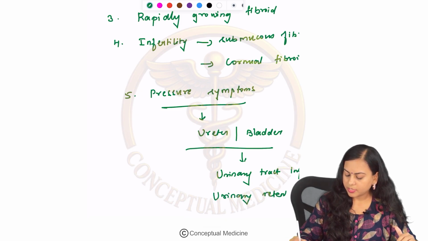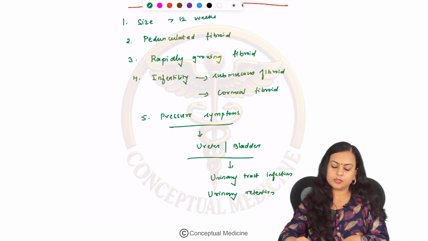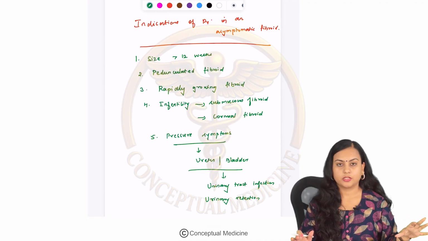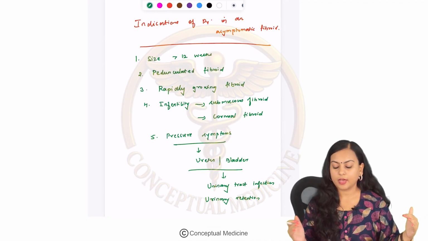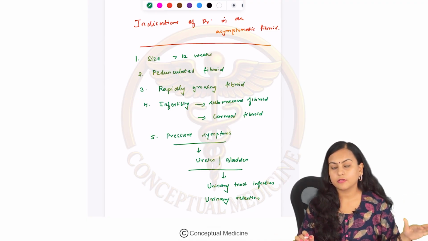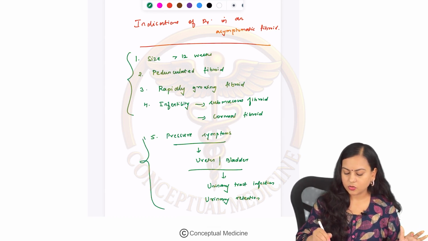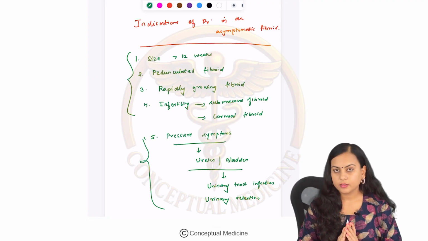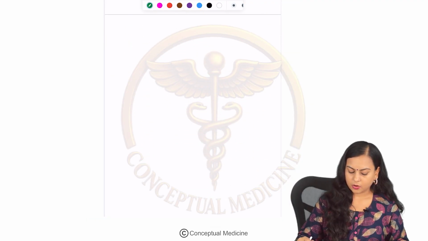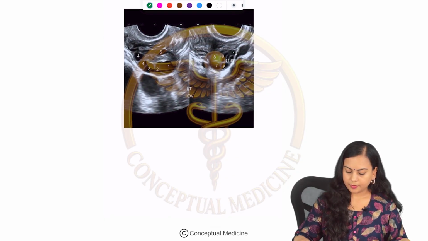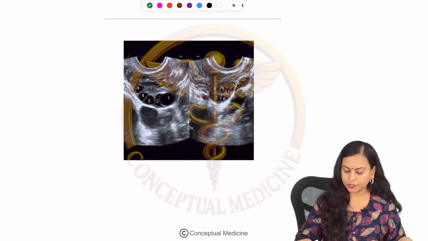So, when the patient presents with any of these, then even in an asymptomatic patient, because of the fibroid the patient is not having any complaint, but even then you have to treat them. I accept this is a symptom, but in these cases you have to treat the patient, correct? Yes. Now, let us go to the next one where you are able to see this picture.